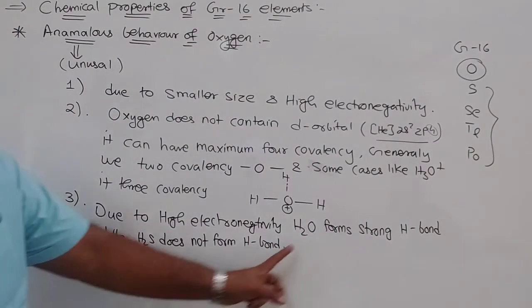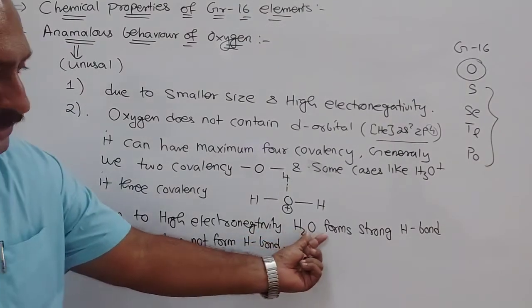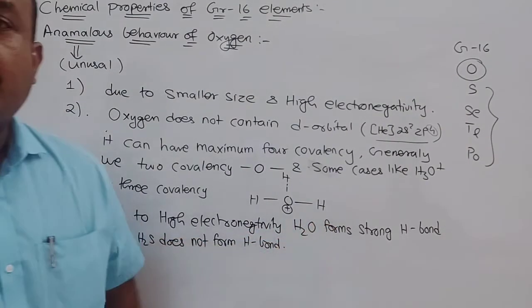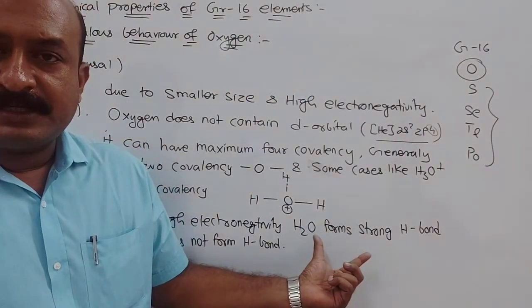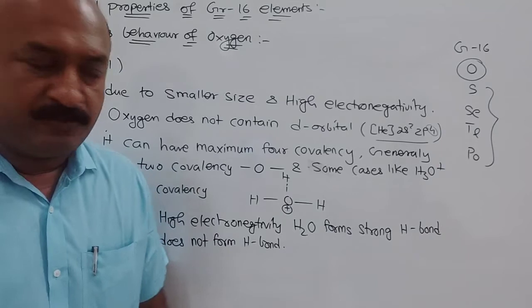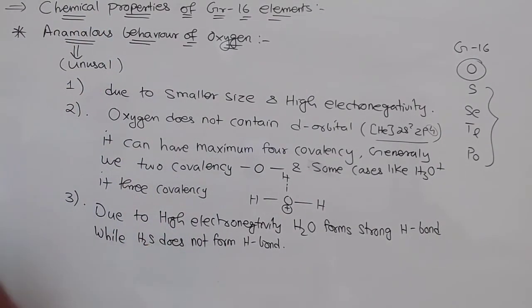Understood? The reason is that oxygen is more electronegative compared to sulfur. So due to this high electronegativity, water forms hydrogen bonds with itself, that is intermolecular hydrogen bonding, while in the case of H2S, it does not.